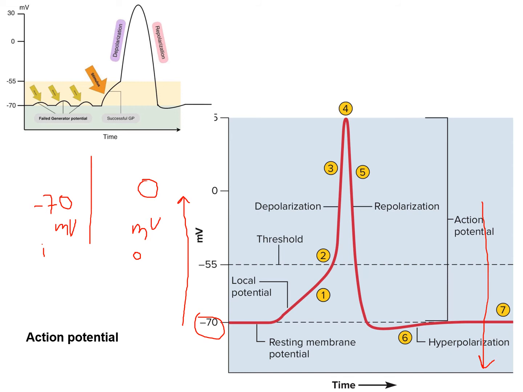Then we have a depolarization, where we have a rapid increase in potential. It reaches about 120. Why is that? Because at this level, many voltage-gated sodium channels open. Why voltage-gated? Because they sense the threshold. When they arrive at minus 55, they say, okay, I'm opening now.